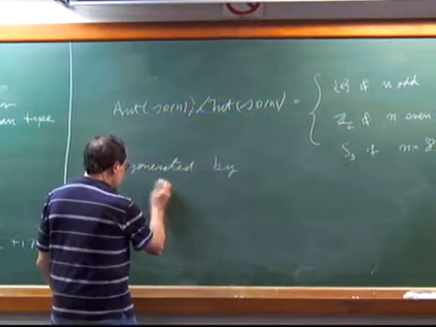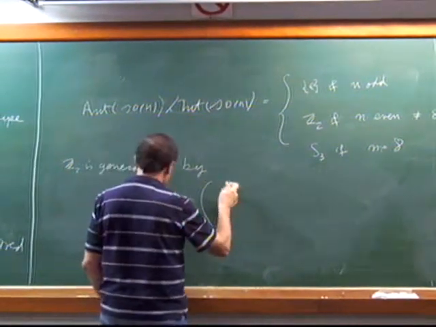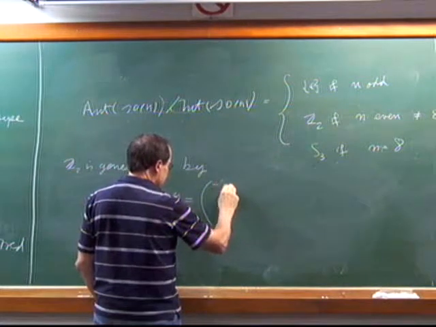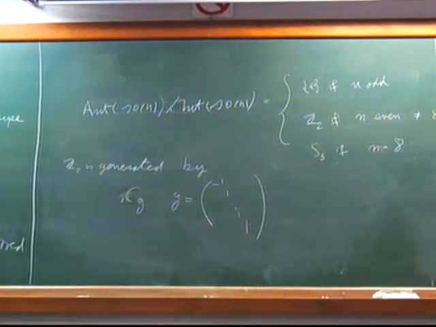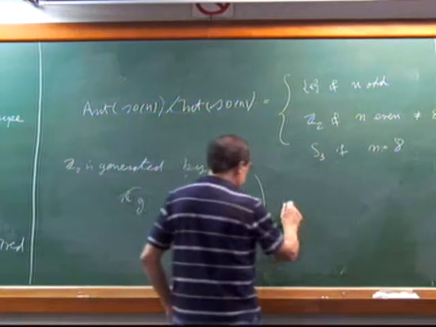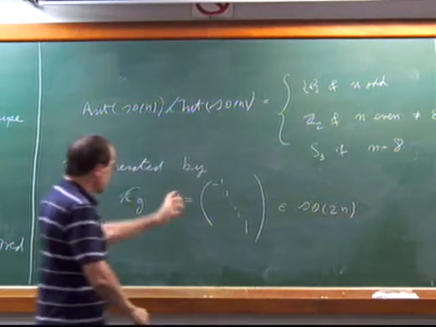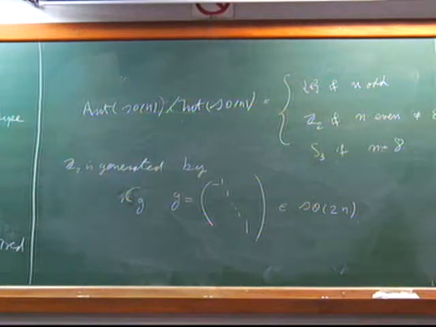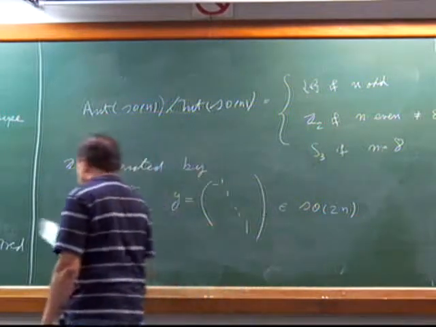So this is conjugation by the matrix g, which was -1, 1, 1, something in ON and not in SON. So for SO2N, for the even case. In the odd case, that's still inner.